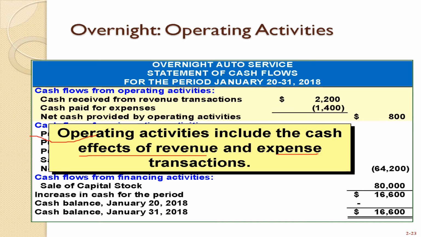As you can see, cash received from the revenue transaction, cash paid for the expense. So this is received and this is paid. One is inflow, one is outflow. So whatever is the outflow you will subtract, whatever is the inflow you will add. Here is the total of operating activities.